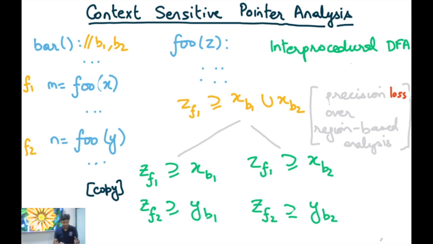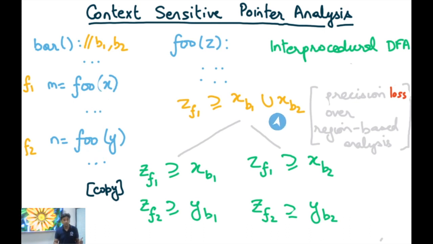Or in fact, let's say if B1 and B2 were not in context, then all arguments that appear at foo as an actual argument to foo, whatever their points-to sets are, will update the points-to set of Z, and there will be interference across call sites because of that.